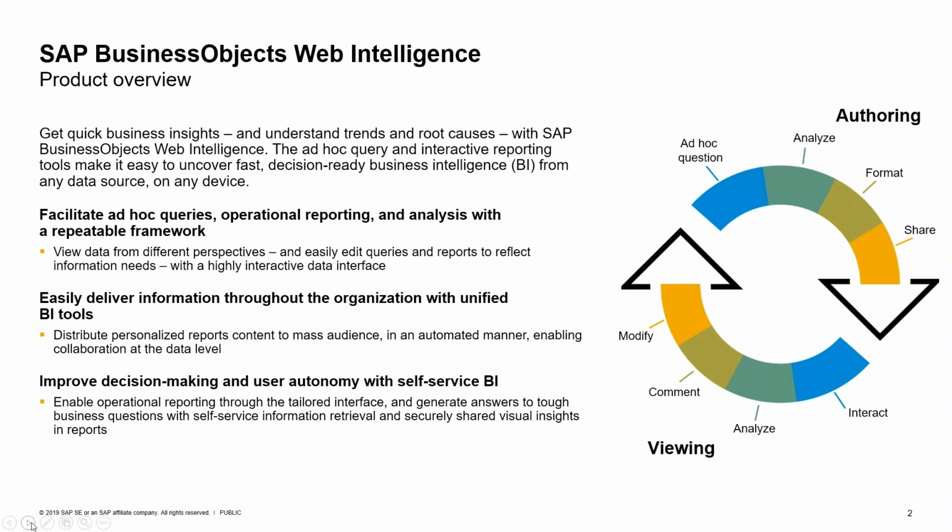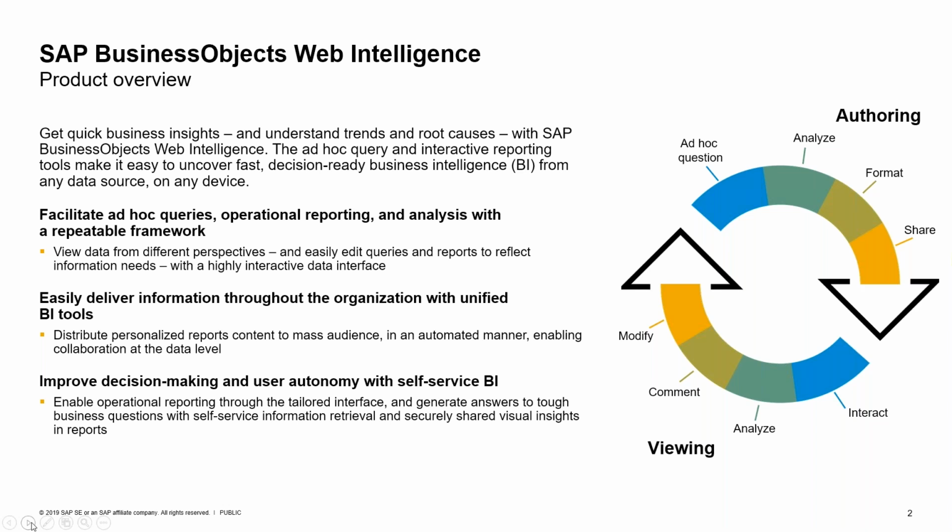To understand the repeatable framework, you just have to look at the picture on the right. When you create a report, you start by asking a question to get the data, you analyze the data, you format your data, and then you share your report with your end users.